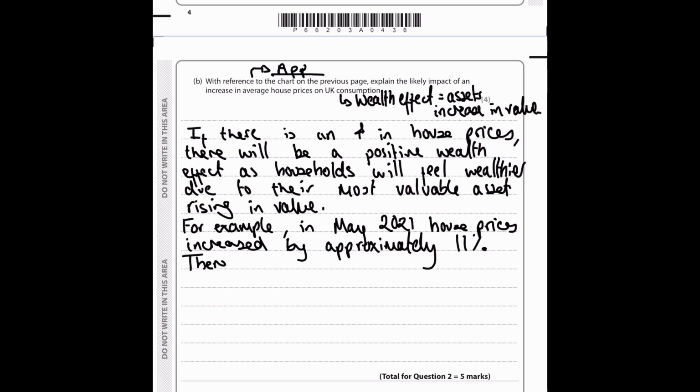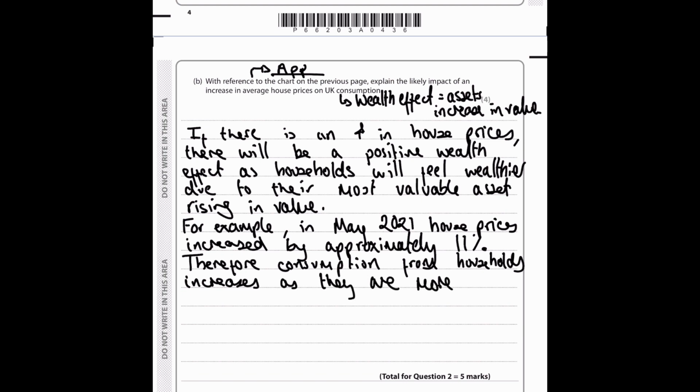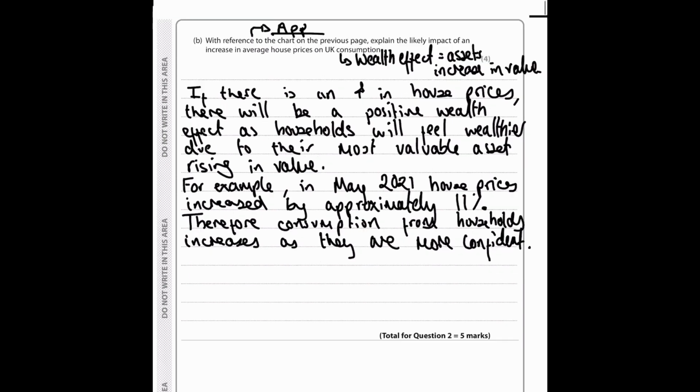Therefore, consumption from households increases as they are more confident. Okay, job done.